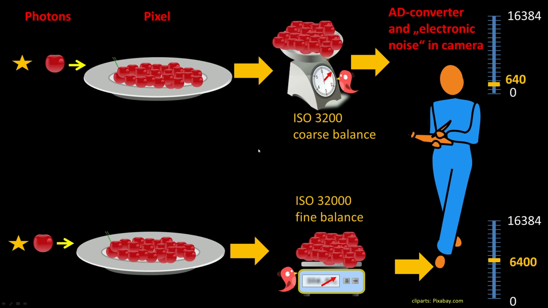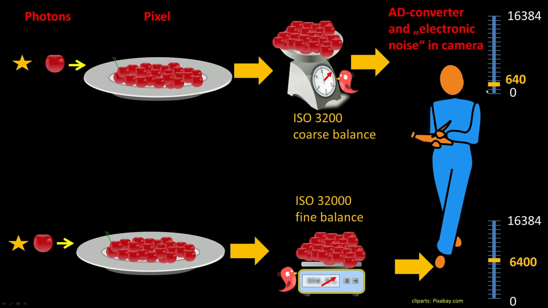Now, if you change the ISO, basically you change how fine or coarse your balance is. If you have a lower ISO, then the balance is not as sensitive to the amount of electrons in the pixel, and for this amount of electrons you get a low number.